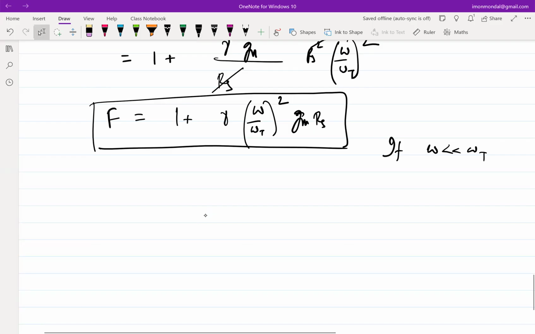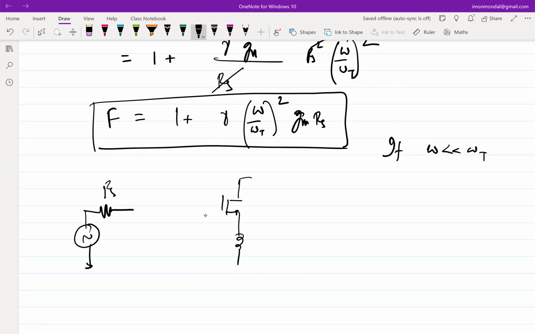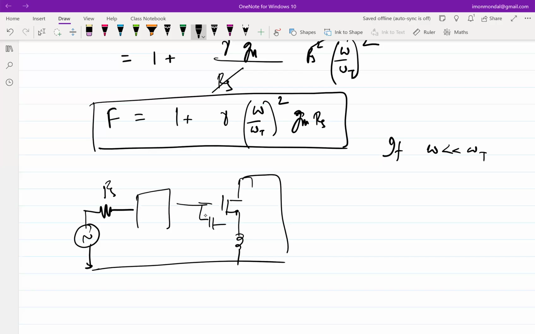So what I'm pointing to is, this is RS, and this is your LNA. So if I put something here so that this is less than RS, then I can reduce the effective noise figure. Make sense?